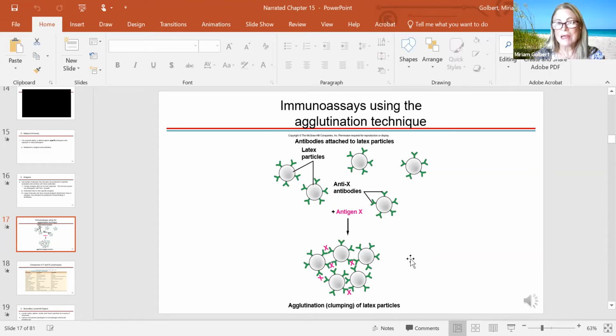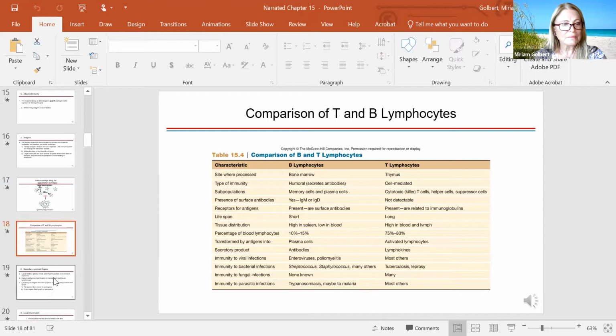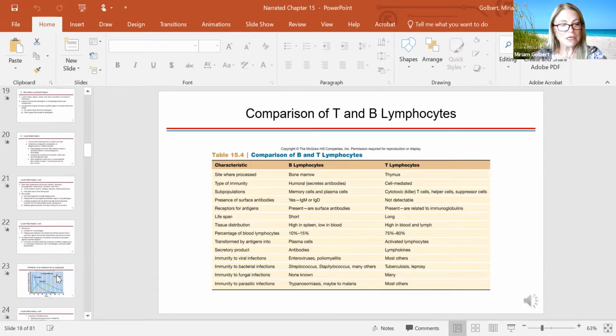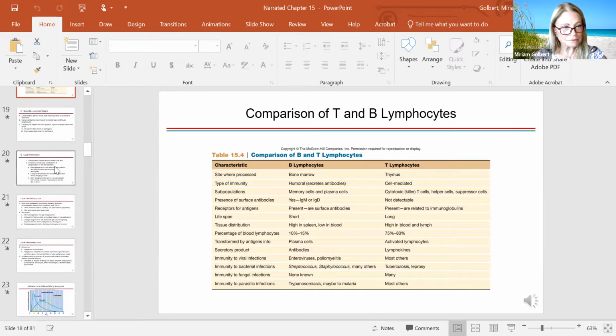You can determine that by agglutination, but it's also the technique that we use to blood type, right? Using commercially prepared antibodies, and then the red blood cells will have the specific little flag for self-antigen that is going to cause the agglutination.